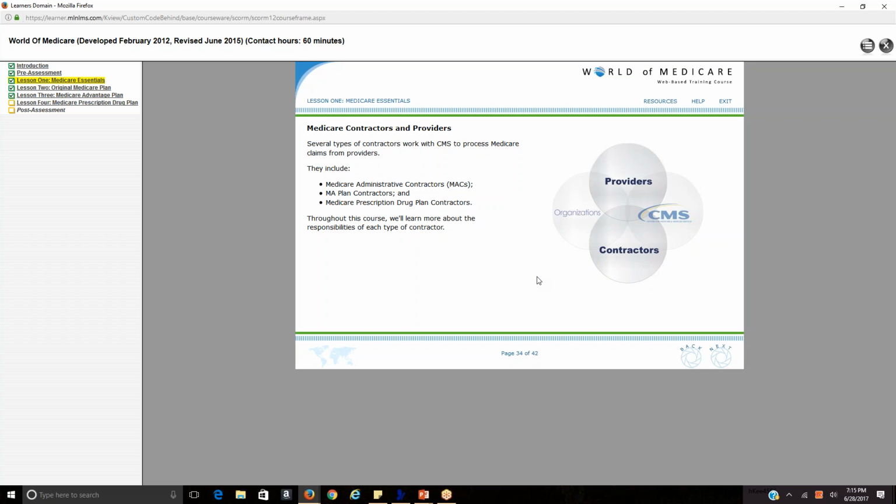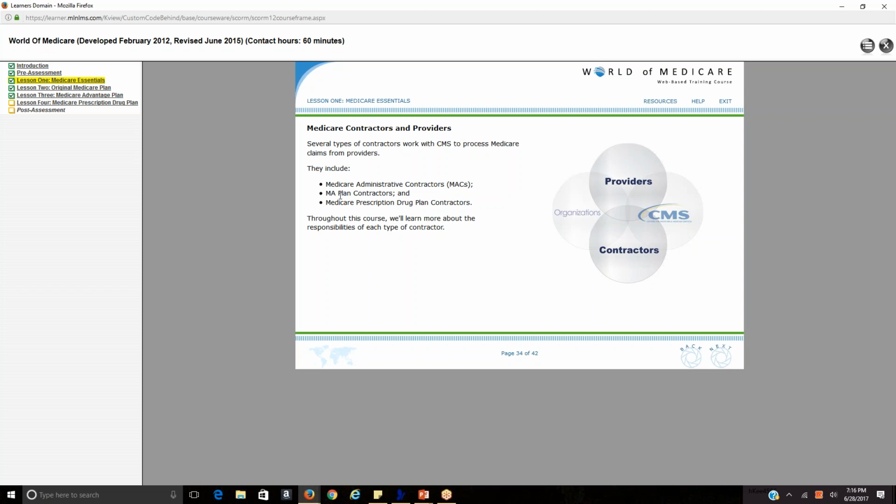You'll notice in these four circles, you have providers, contractors, CMS, and organizations. And in this one, providers and contractors are not grayed out, CMS is. What that means is that as a provider, you do not bill for the patient's services directly to Medicare. You're going to bill for the services to the contractor, to the Medicare Administrative Contractor.